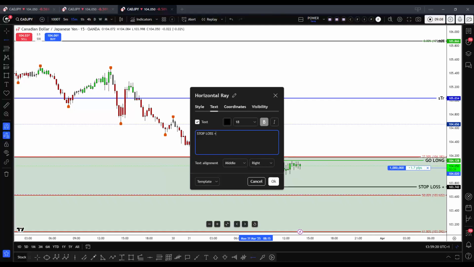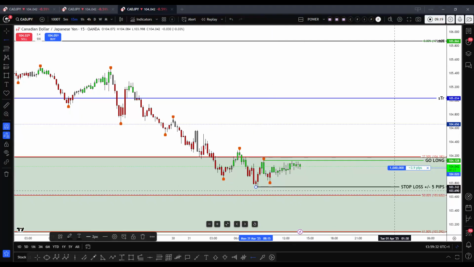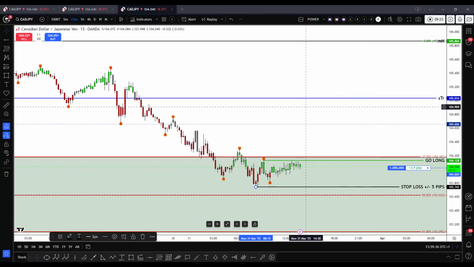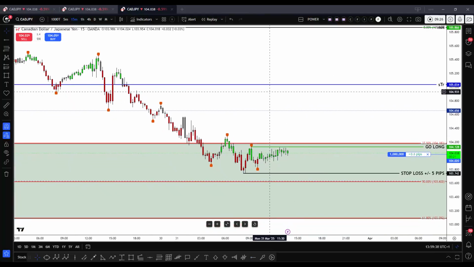Okay, you can say plus or minus 5 pips depending on your broker. So 103.70 ish, okay, or 69.